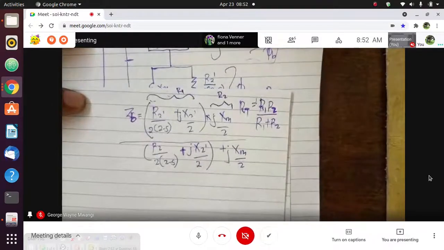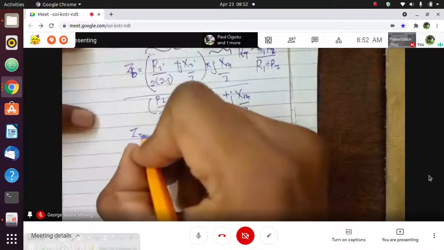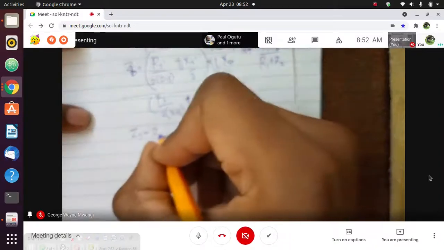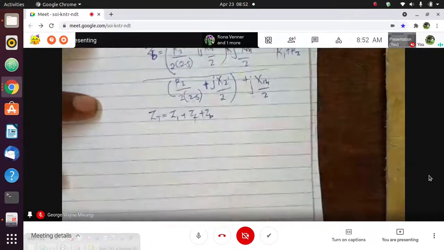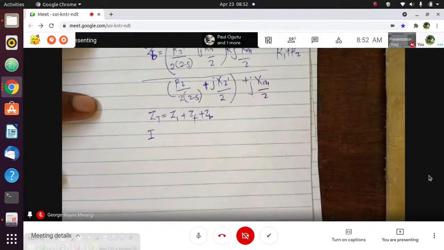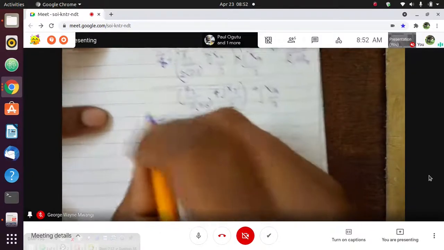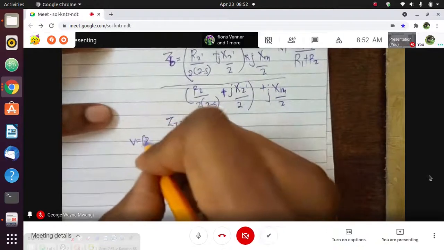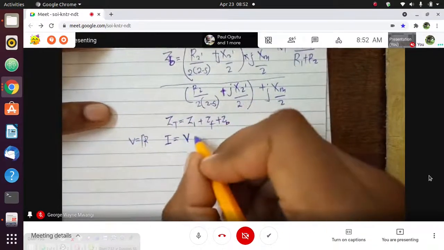Now, once you have found the total impedance, which we have said is Z1 plus ZF plus ZB, then it is very possible to find the current in that circuit. And how will we find the current in that circuit? It will be using Ohm's law, V equals IR. The current will be the voltage supplied in that circuit.